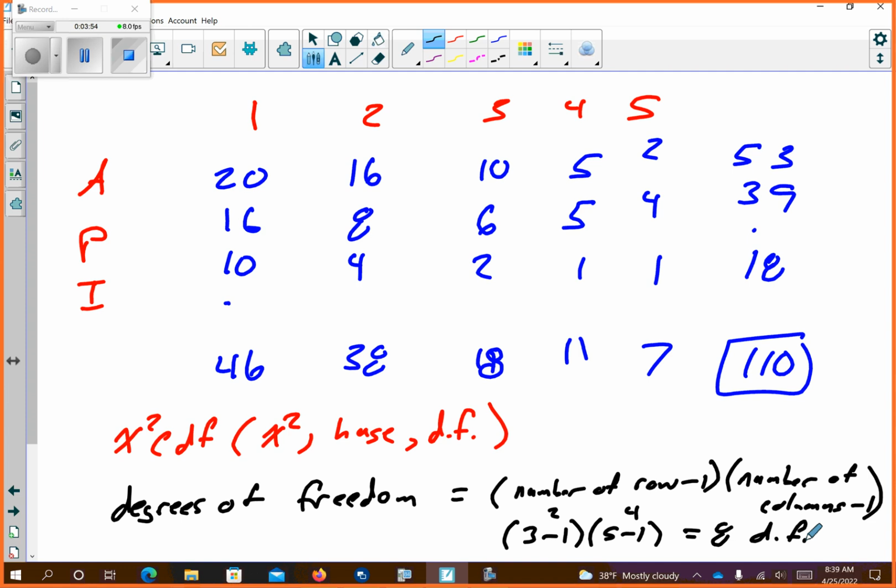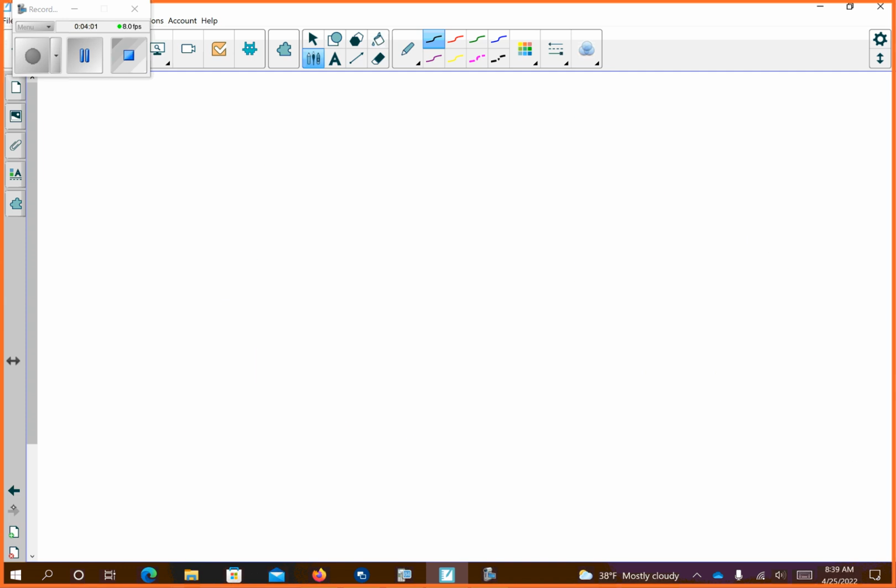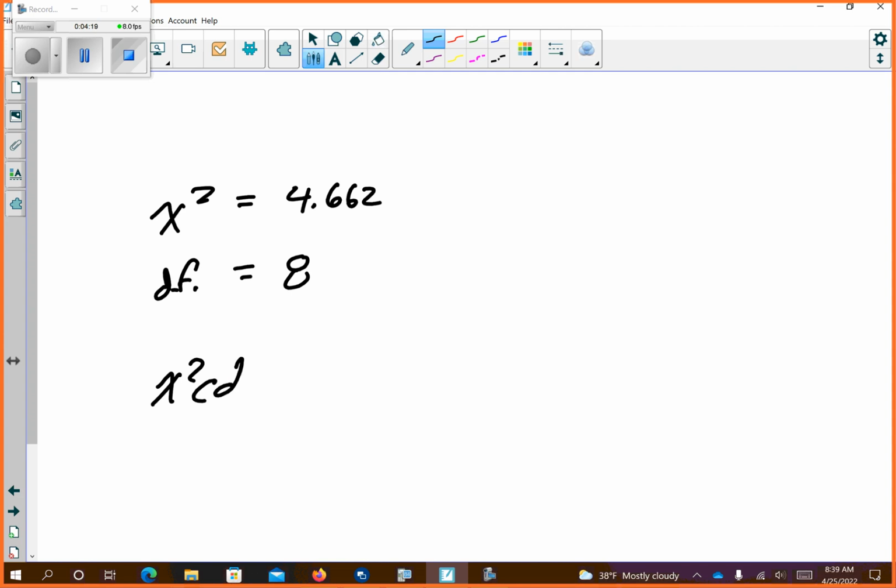So if we went through the information on finding our chi-squared, I'm just going to give you that. They tell us that they found that the chi-squared was 4.662. And we said that we have degrees of freedom being 8 in this case. So then we can just go chi-squared CDF. Lower 4.662, upper like 1,000, degrees of freedom 8.